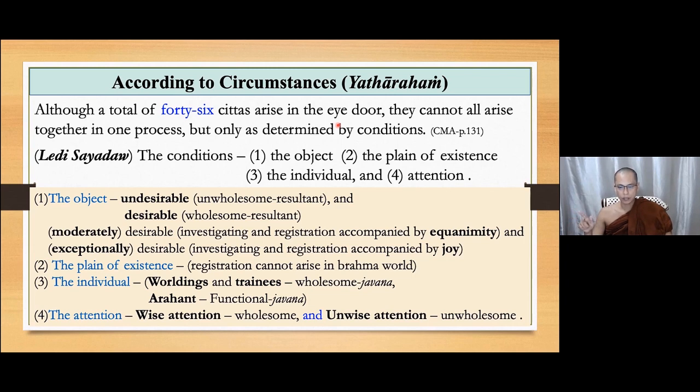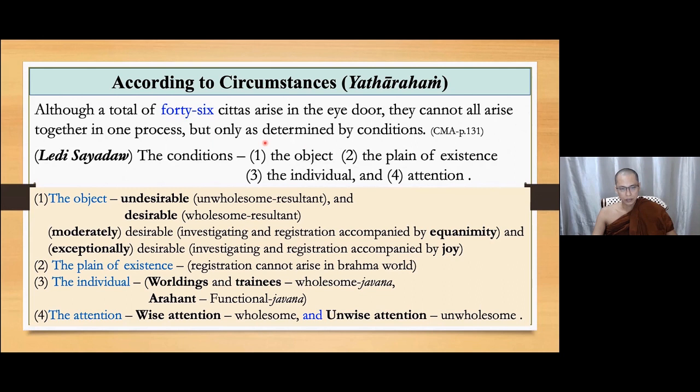Only one of them must be in one moment. Then after that, the receiving consciousness is also of 2 kinds, wholesome resultant and unwholesome resultant. Only one must be in one moment, in one mental process. So in this way, the 46 cannot arise together in one process.